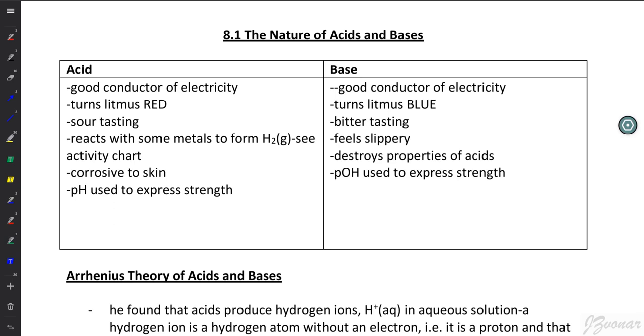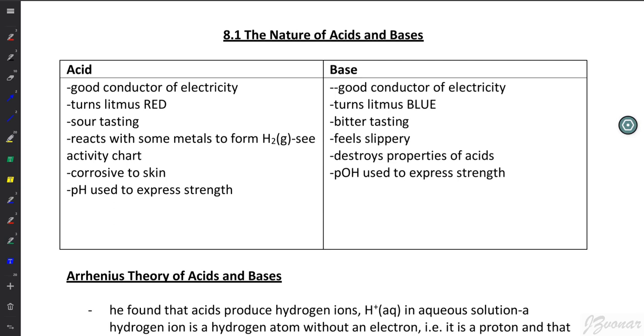Before we can start moving forward with the equilibria, we need to do a quick review and describe the nature of an acid and a base. From your previous science classes, we've classified acids and bases based on their properties.